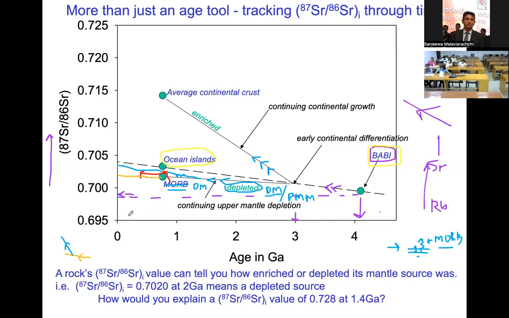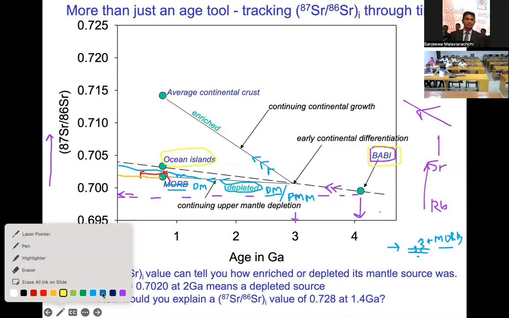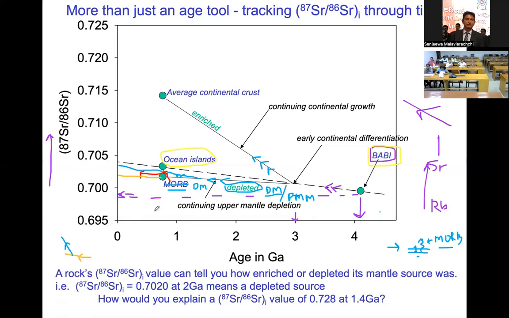So you can find several reservoirs in the earth now, right? What are the reservoirs? You can have depleted mantle, and you can have MORB, mid-ocean ridge basalts, and you can have ocean islands, right?